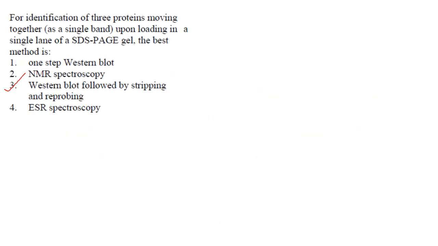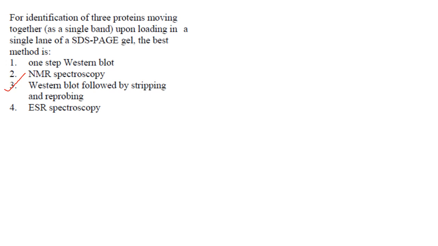The next one. For identification of 3 proteins moving together as a single band upon loading in a single lane of an SDS-PAGE gel, the best method is. So here there are 3 proteins and all 3 are moving at the same molecular weight, that is, moving together as a single band. How will you identify the 3 different proteins?